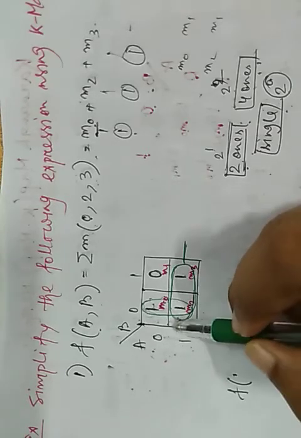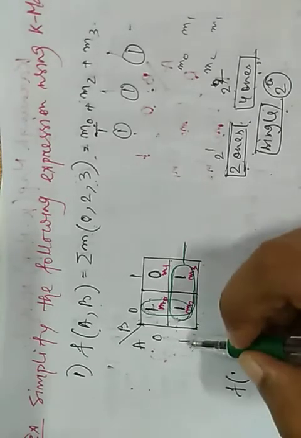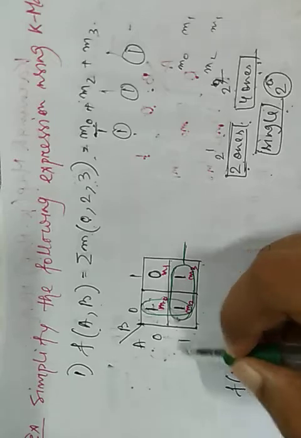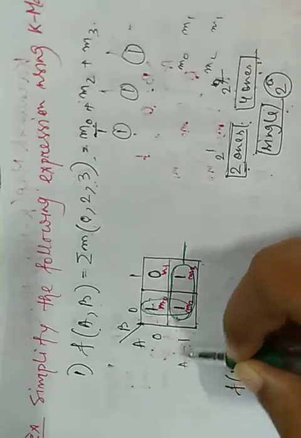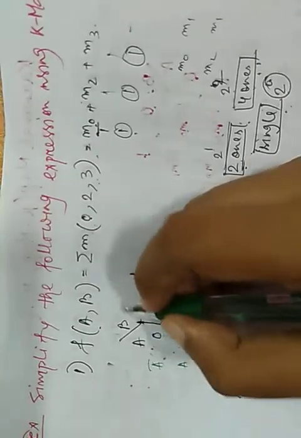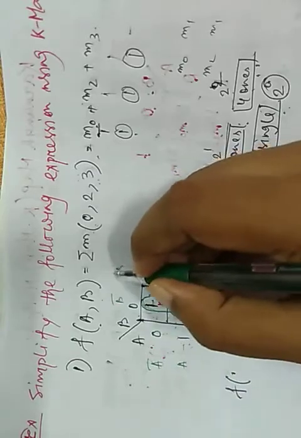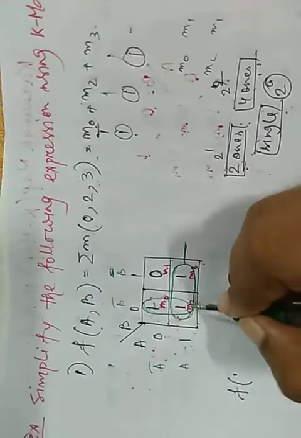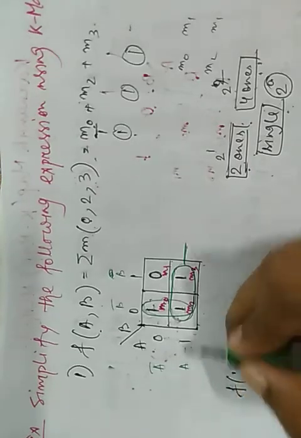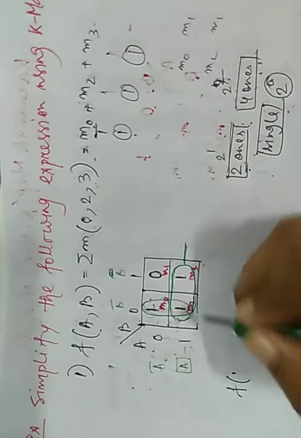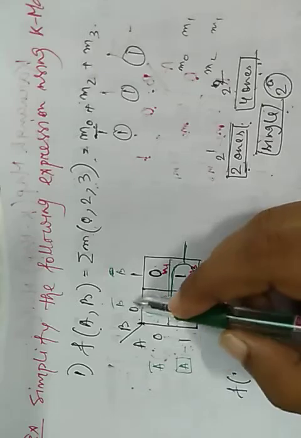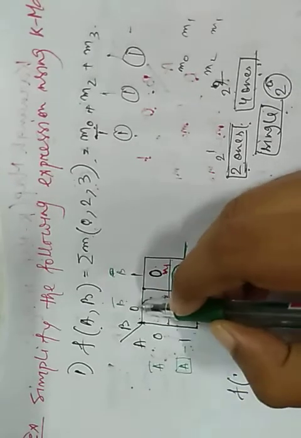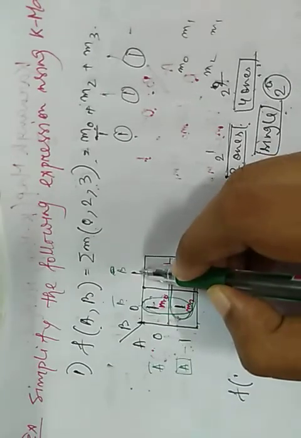This pair contains one horizontal row with the value A, which we know is A bar, and B bar and B. The pair contains one horizontal value A, and 2 vertical values, one is 0 and another is 1.